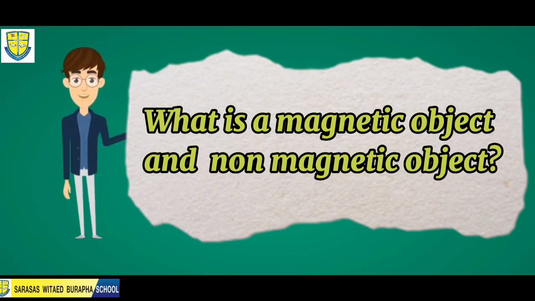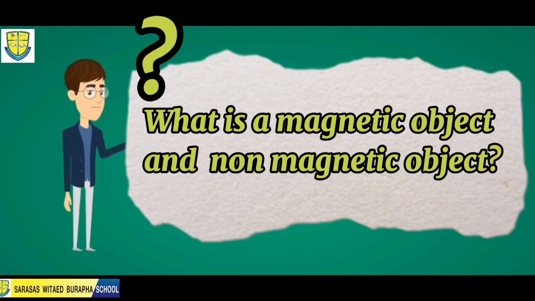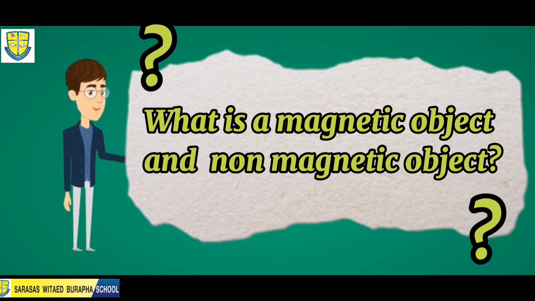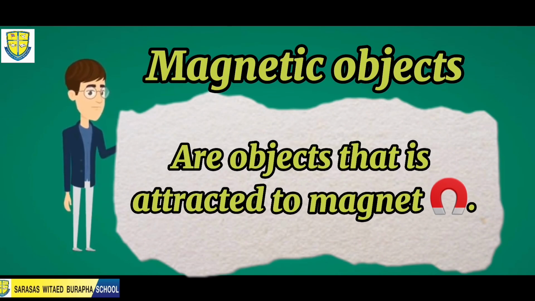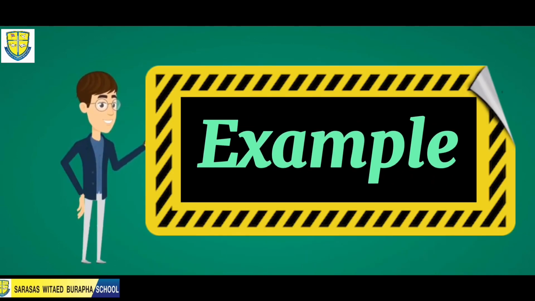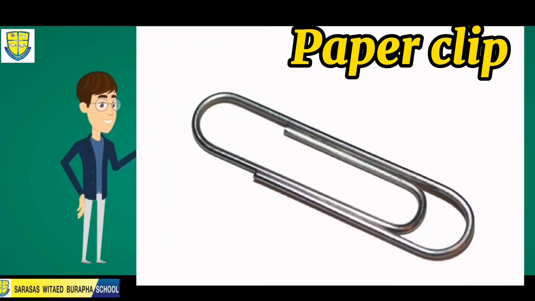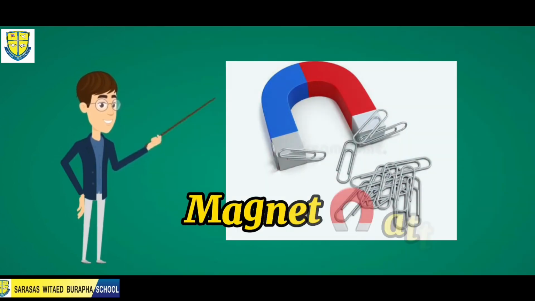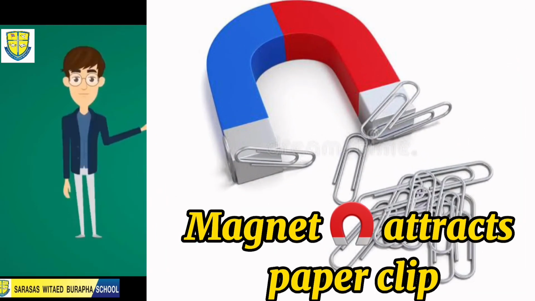Now, what is a magnetic object and a non-magnetic object? Do you have any idea what are these? Magnetic objects are objects that is attracted to magnet. For example, is your paper clip. Magnet attracts paper clips.